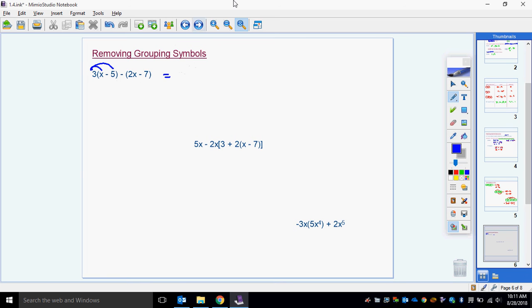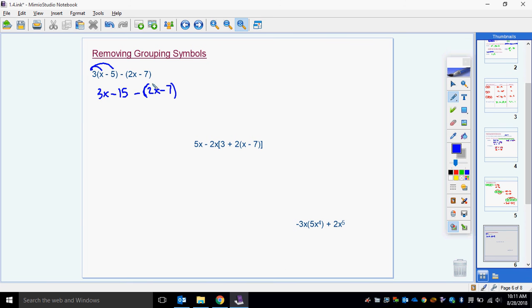So when I do that, let's work our way down. We get 3 times x, and then I drop down my minus sign, and 3 times 5 was 15. Okay, I'm going to keep everything else the same so far. So all we've done is distribute. Notice how it says minus all of this in parentheses.